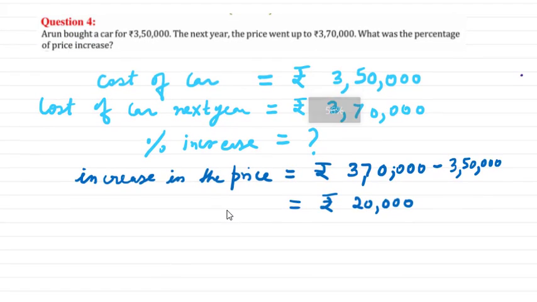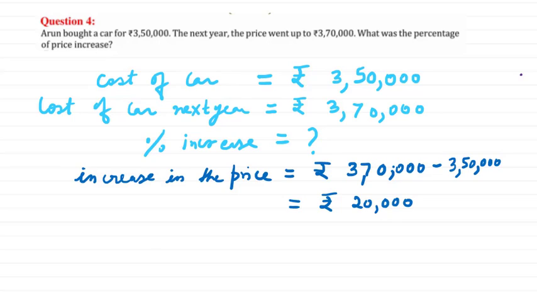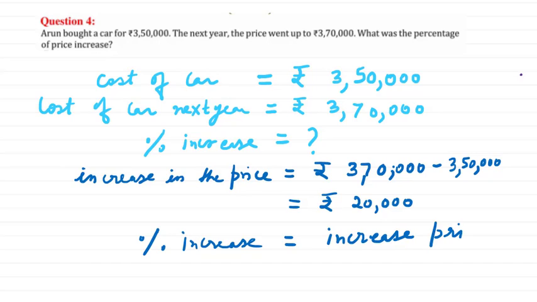So for finding the percentage increase, we have a formula, that is percentage increase is equals to increase price divided by the original price when it was before, into you can multiply it with 100.